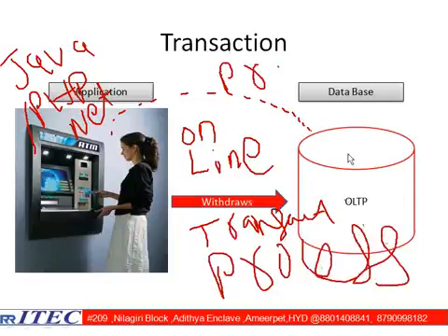Moving the data from the application to the database is called a process. So all together, whatever she is doing is an online activity, and whatever she is doing is called one transaction, and moving the data from the application to the database is called a process.